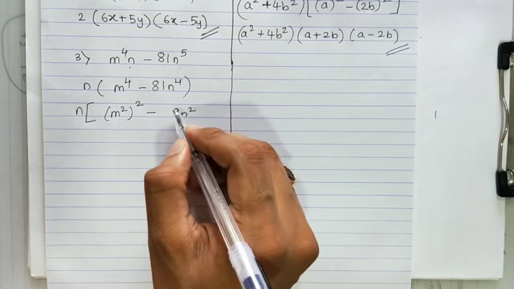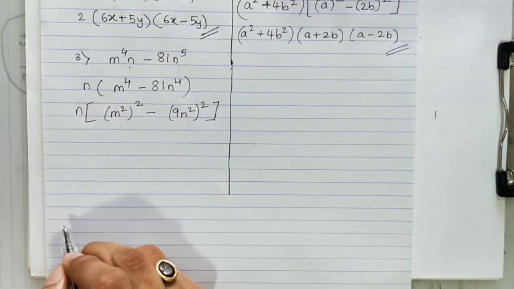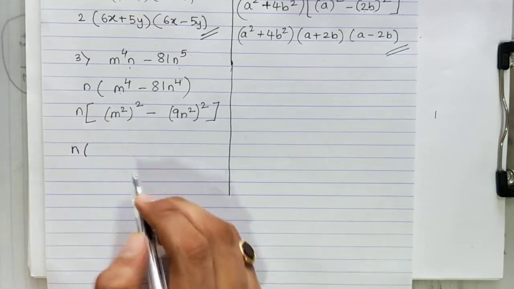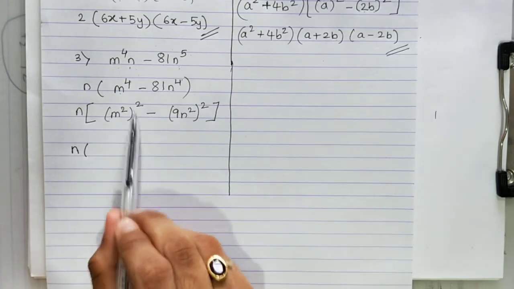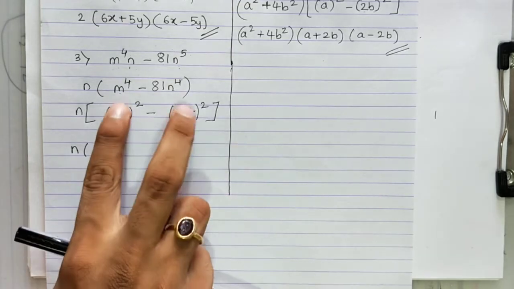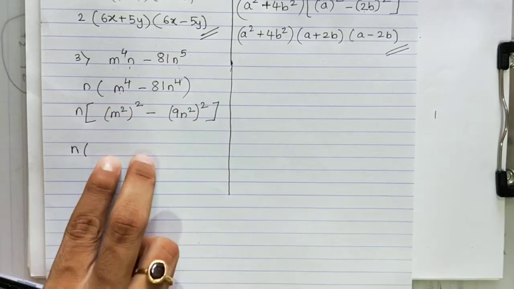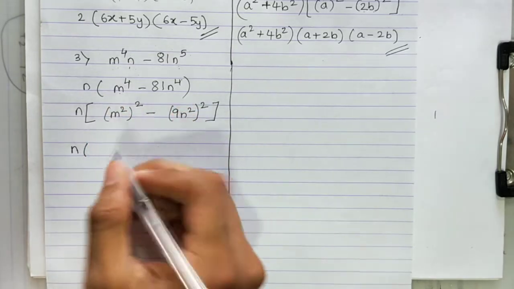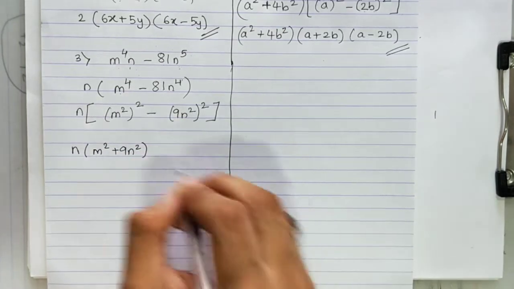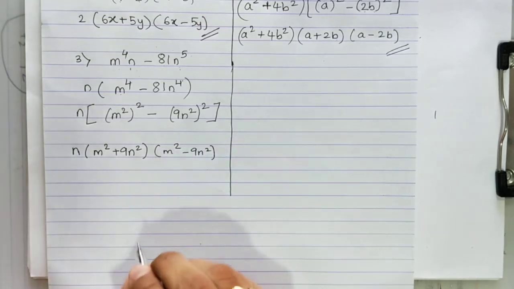So 9n square, the whole square. Bracket close. See here, I have first bracket square minus second bracket square. So this becomes a square minus b square. So add both the brackets, subtract both the brackets. So this becomes m square plus 9n square, m square minus 9n square.